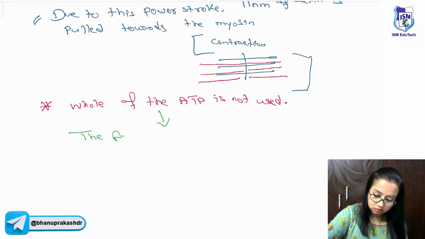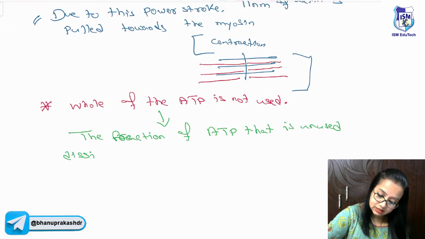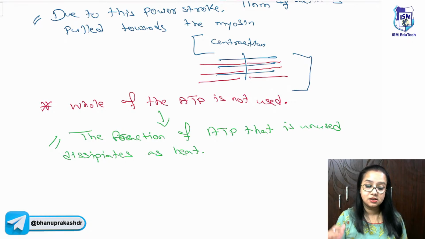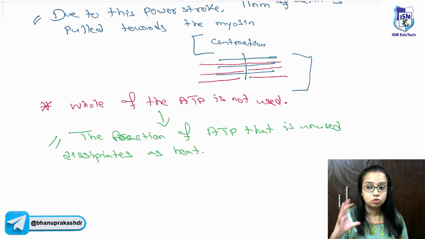The fraction of ATP that is unused dissipates as heat. So whenever the muscle is contracting, relaxing, or not doing anything, there is always a little bit of heat generated, because for every activity of the muscle we need ATP, but this ATP is not totally used up.